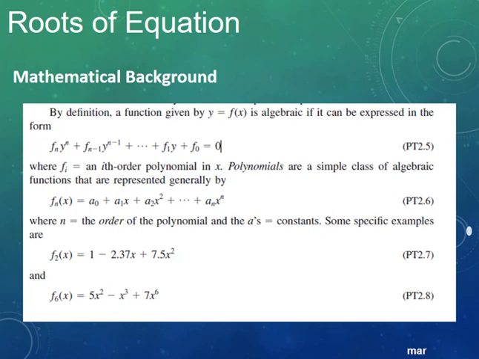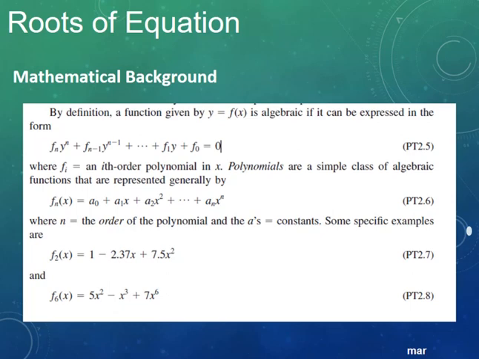So polynomials are a simple class of algebraic functions that are represented generally by f of n of x is equal to a of 0 plus a1 x plus a2 x squared and so on and so forth, where n is the order of the polynomial and the a's are constants.